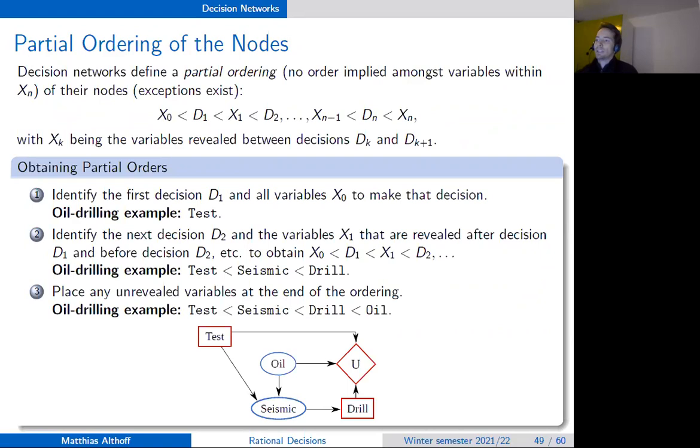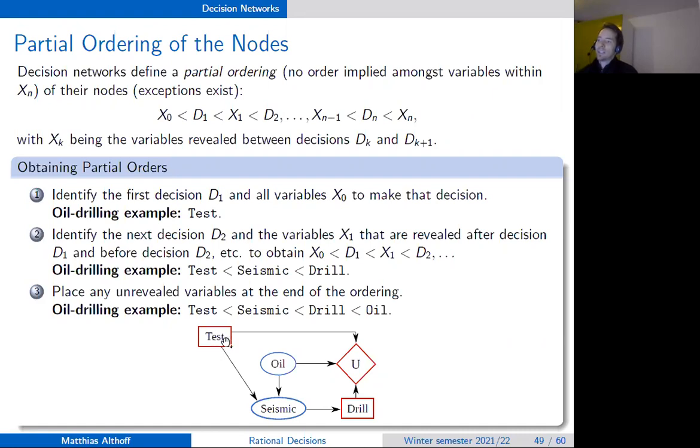Okay, there's one more thing. Of course, the decision of drilling will also depend on whether we have made a decision for or against testing. But we will not draw arrows between every possible node, because then you have a fully connected graph, which would not be very easy to read. So what we will assume is that we have this no forgetting assumption.